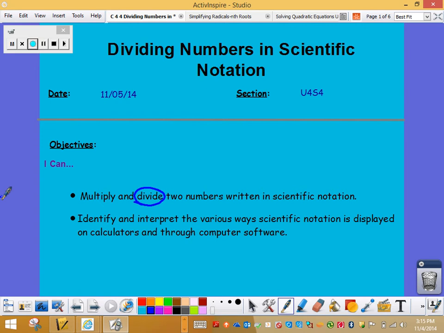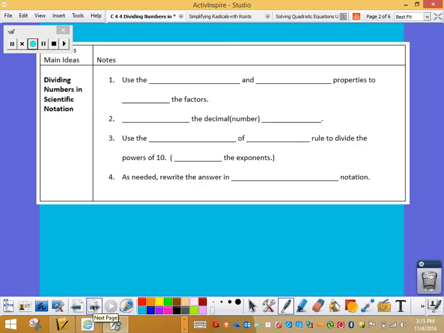All right, so let's flip to the very bottom of page 12. We have another fill in the blank. It's going to look really similar to the one we did on Monday with multiplying numbers in scientific notation. For number 1, use the blank and blank properties to blank the factors.